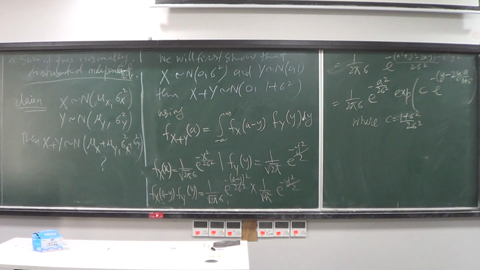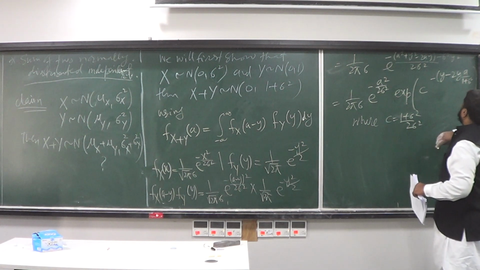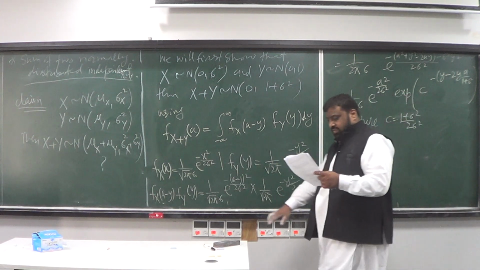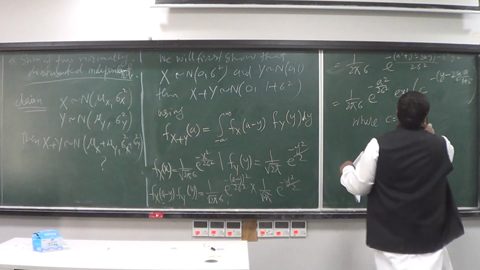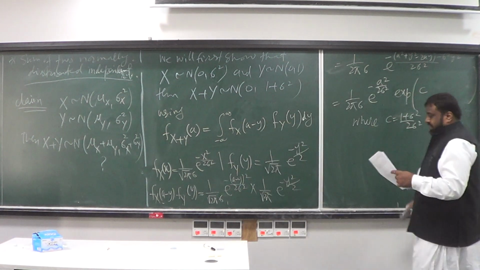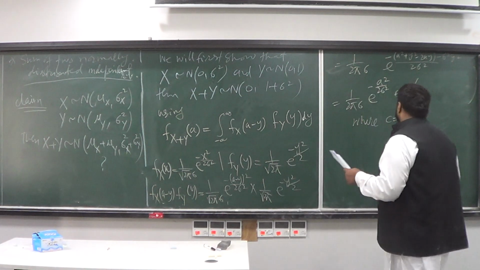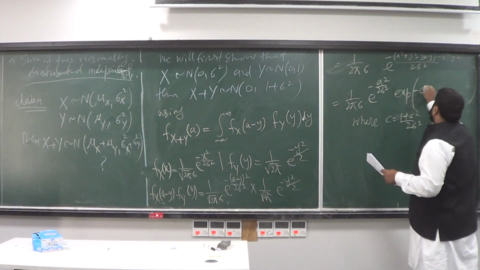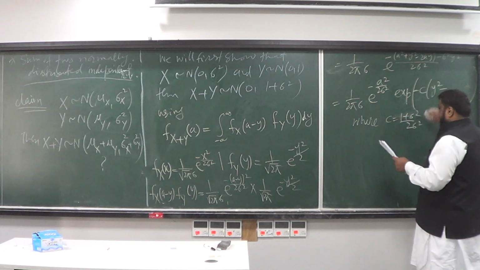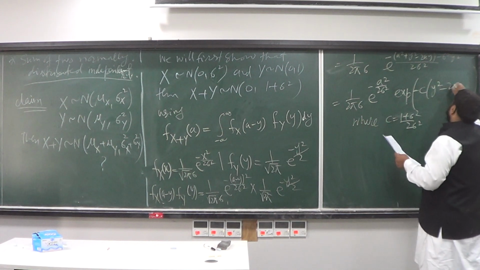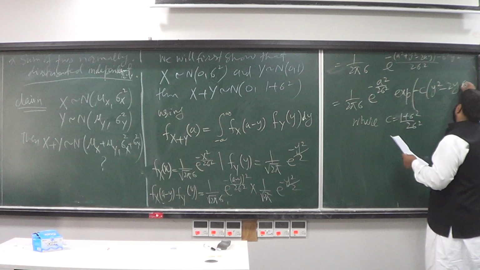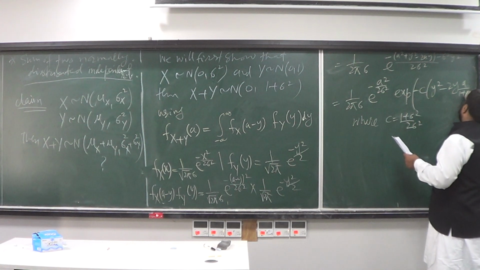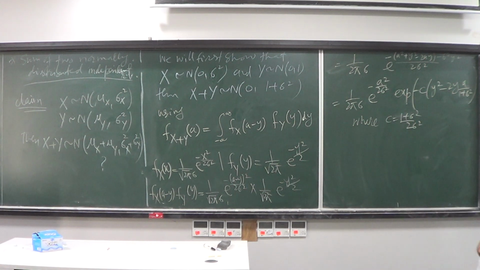This is what c is. Okay, so I was doing a silly mistake. So this is c times y square minus 2ya over 1 plus sigma square. This is what you're going to get, where c is this. And this makes sense.